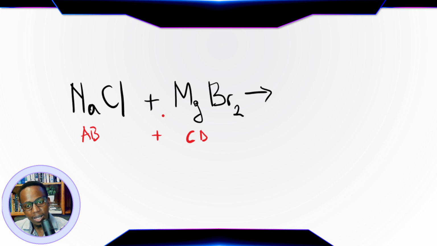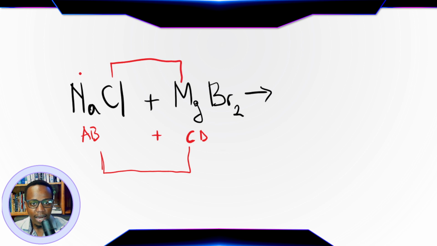And we know that we're going to react the metal with the non-metal, and then metal with the non-metal. So the Cl in the middle will bind to Mg, the Na will bind to Br.